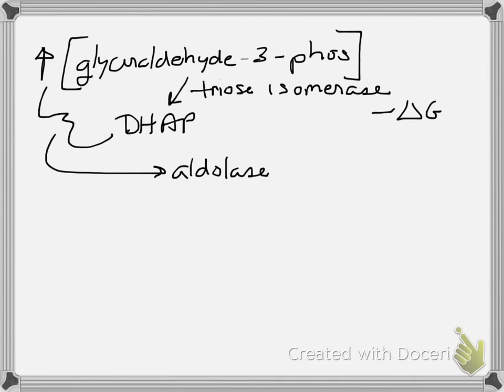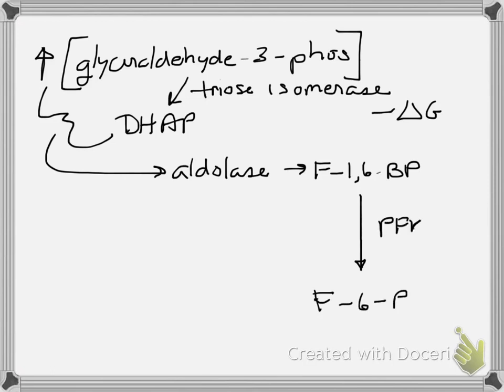Then these two we are going to reverse the reactions, aldolase, to form fructose 1,6-bisphosphate, and yes, now we have another problem. Because this direction by PFK1 is not going to happen.